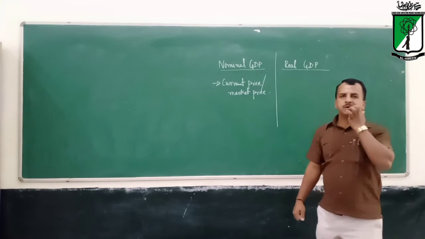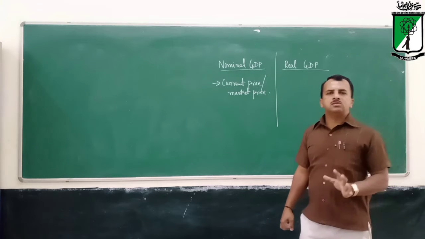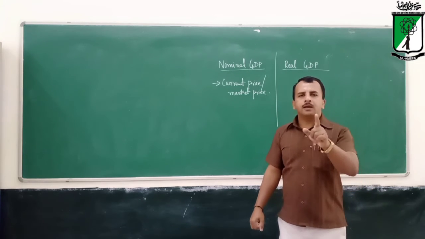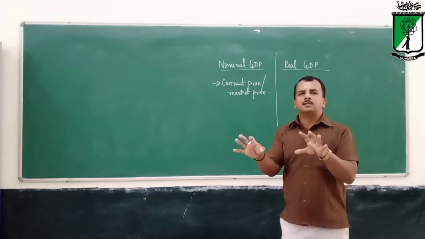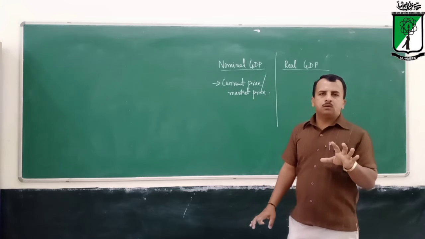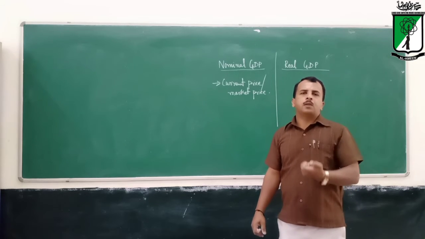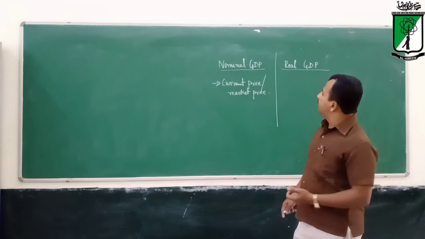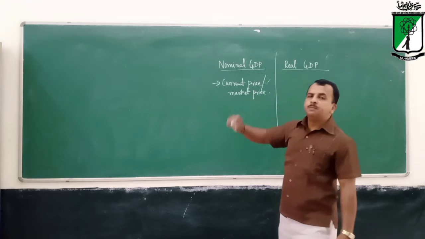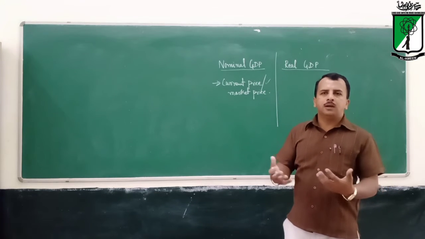So please concentrate here. Under nominal GDP, we measure the national income at current price. Current means presently what is the price of the products or services. So by taking that present period's prices, national income will be measured, and we call it nominal GDP, or money national income.